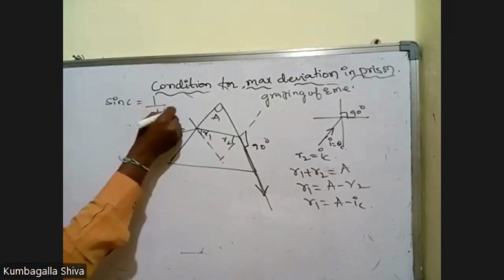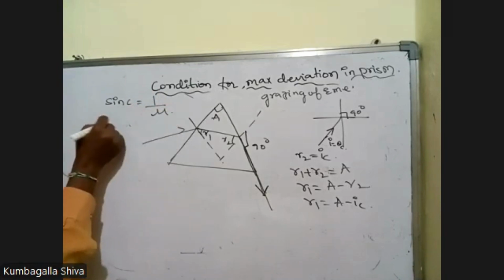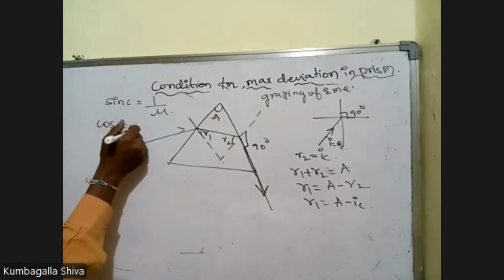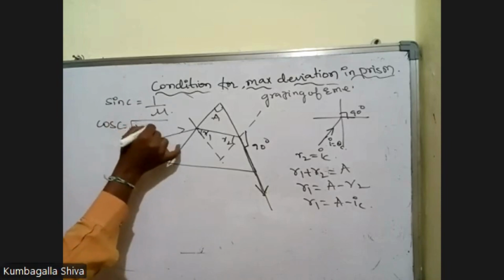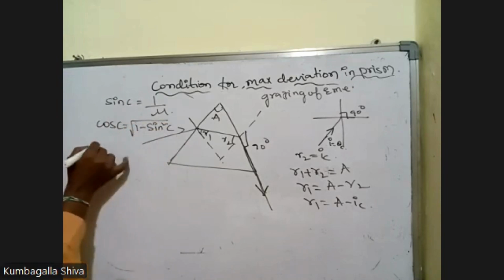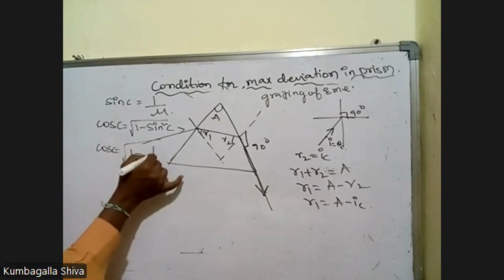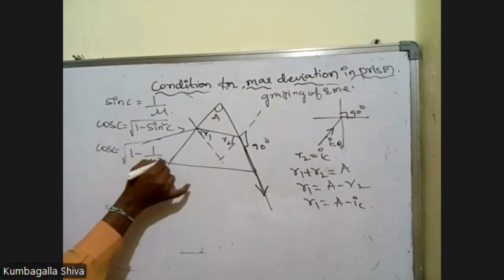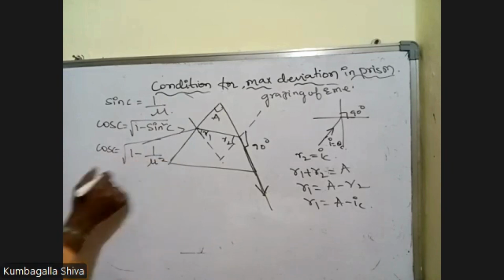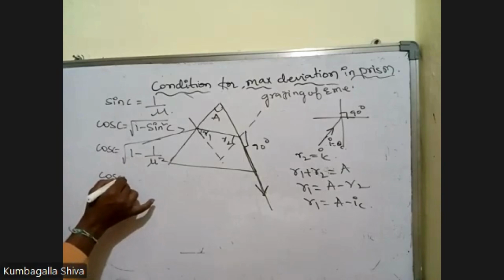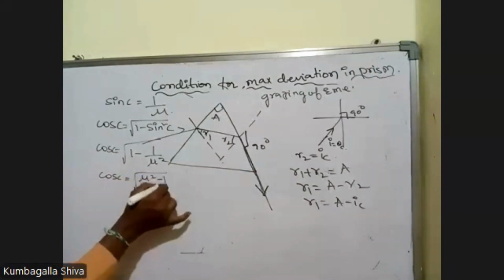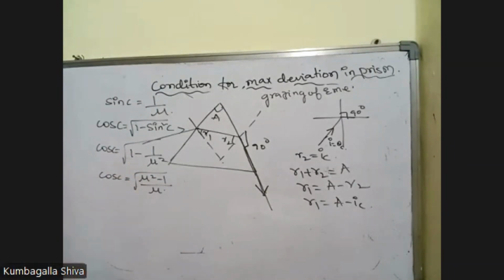To find cos C, it is under root of 1 minus sine square C, so cos C is equal to under root of 1 minus 1 by mu square. So you get cos C is equal to under root of mu square minus 1, divided by mu. So this is the value you are getting.